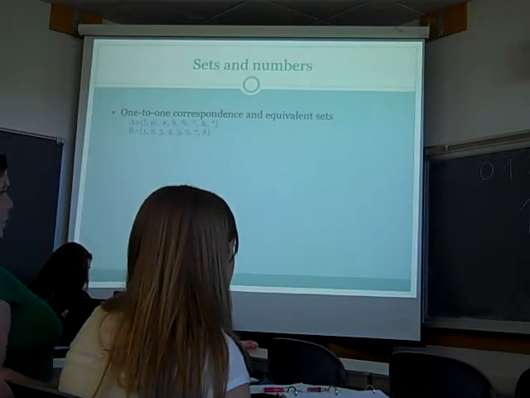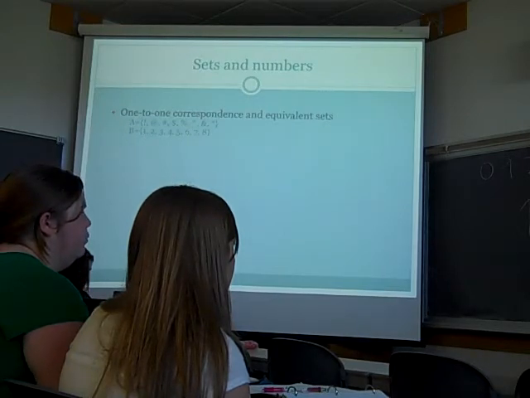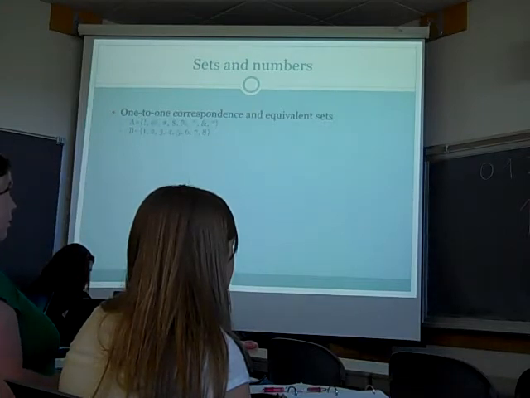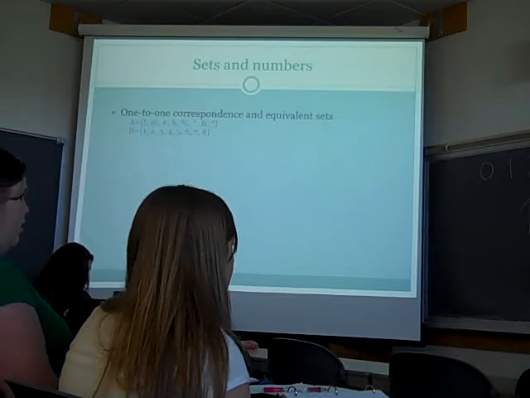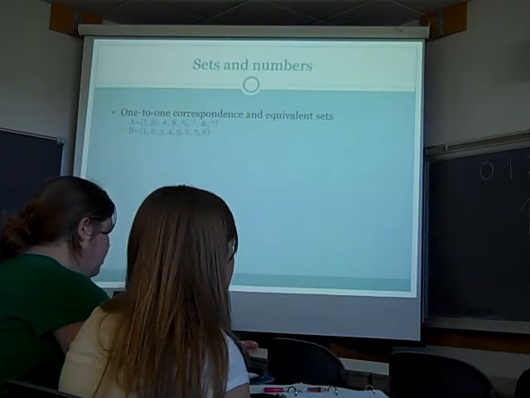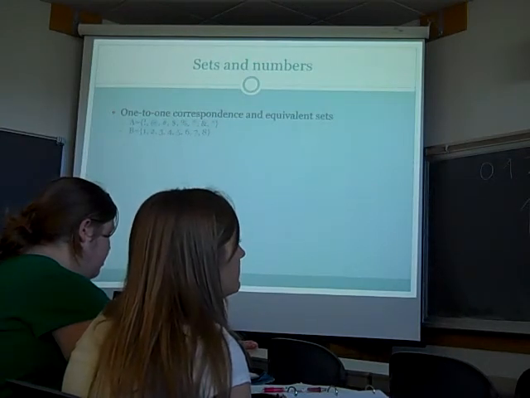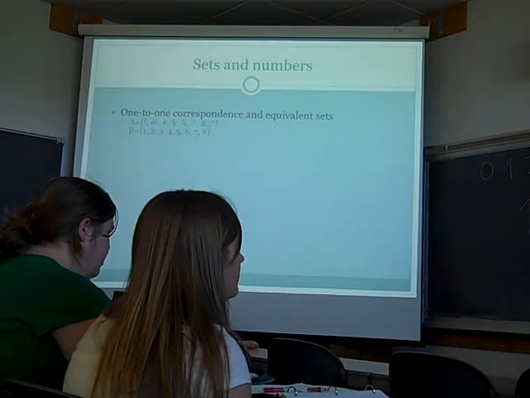Now, how do we tell if 2 sets are the same size or not? Anybody want to answer that? Can you re-ask that? I don't think I understand. How can we tell if 2 sets are the same size?